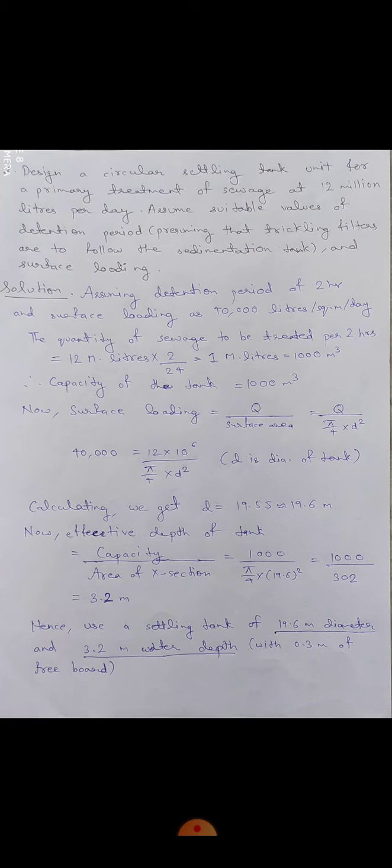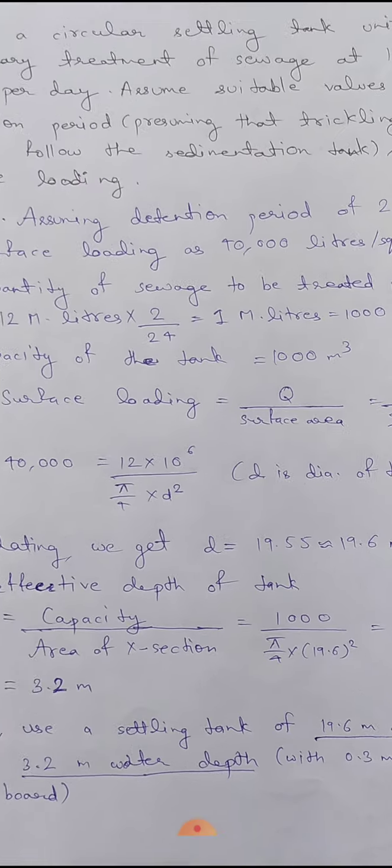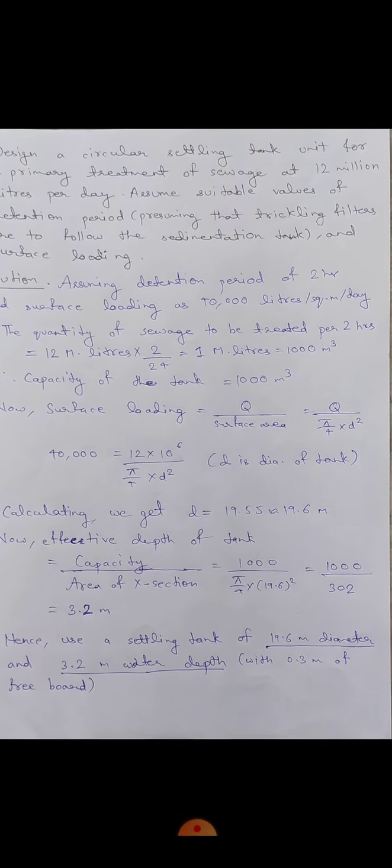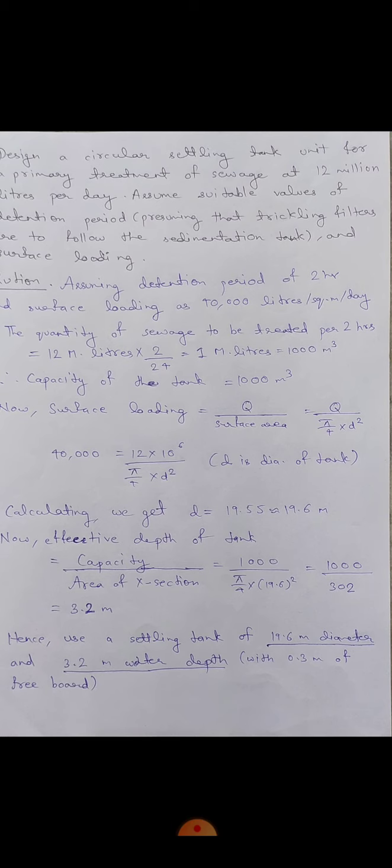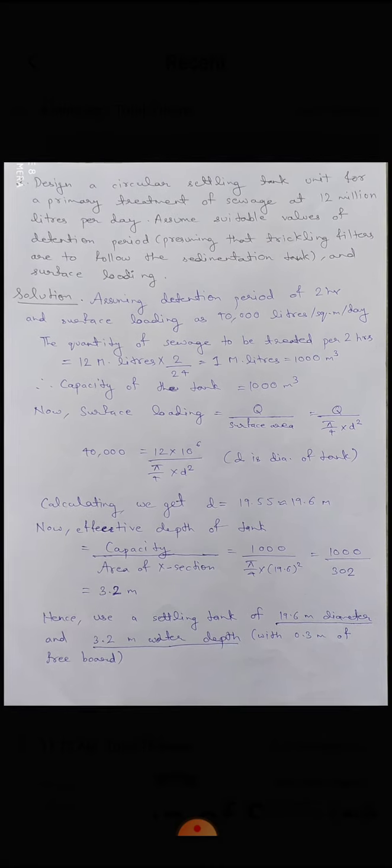Now you have to calculate the effective depth of the tank. The formula is capacity of the tank upon area of cross section. The capacity of the tank is 1000 meter cube, and the area of cross section is pi by 4 into d square, where d we have calculated as 19.6 meter.